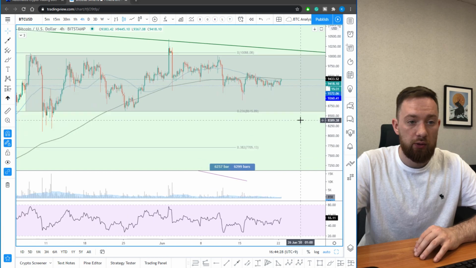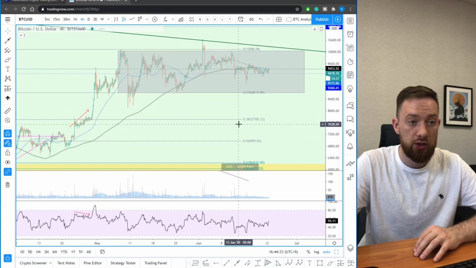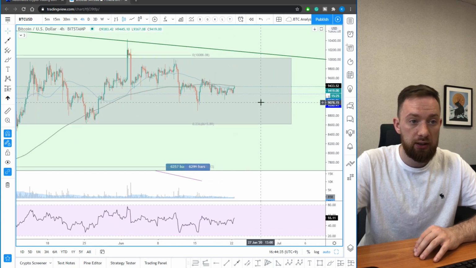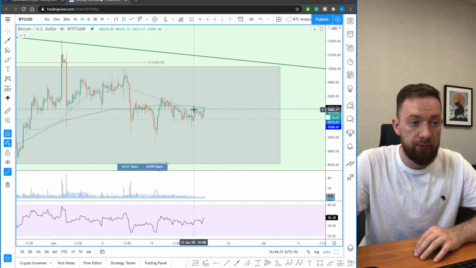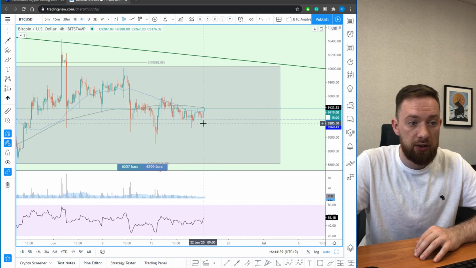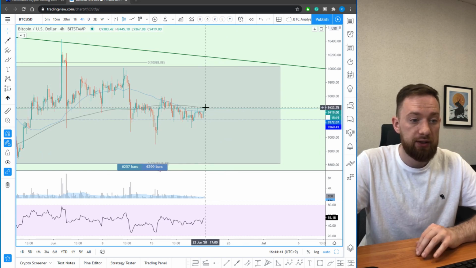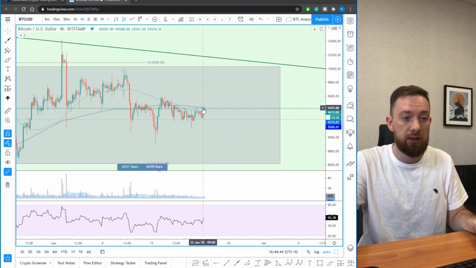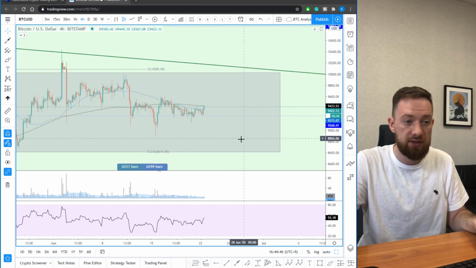Based on the 4-hour time frame, the scenario is very similar to the futures that we just saw. We're currently trying to break both the 50 MA and the 200 MA to fix above it, and then if that happens, we might be able to go further towards the upper side.